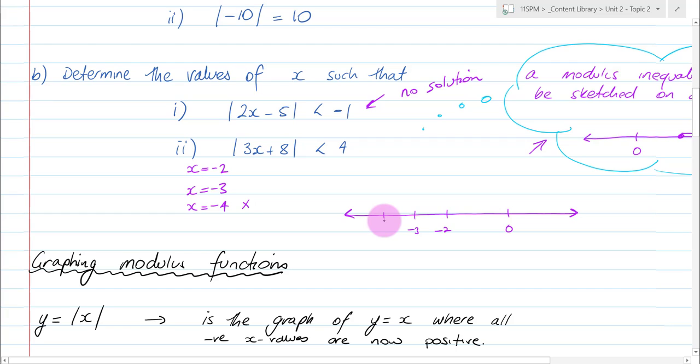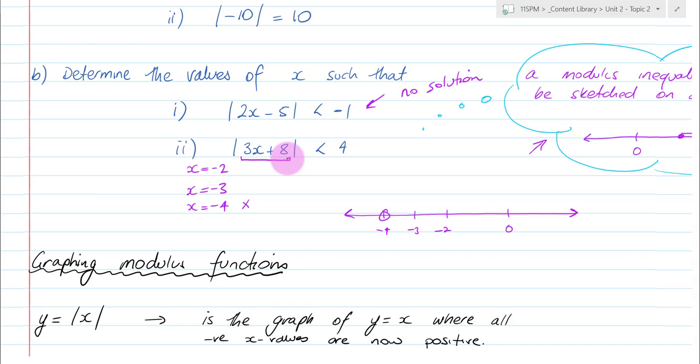So -4 is actually an important value on a number line. It doesn't exist, we put a circle around it. It's the lowest number that doesn't exist. And in fact, if we want to get the end point, for what value does 3x plus 8 equal 4 with the smallest possible negative number?